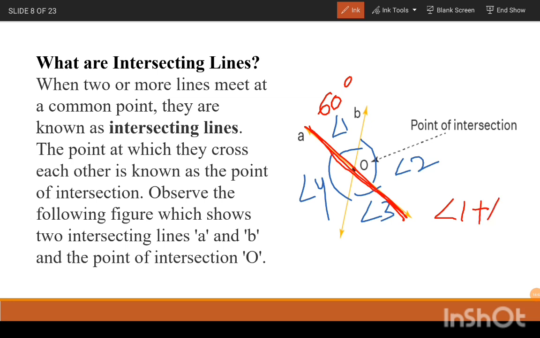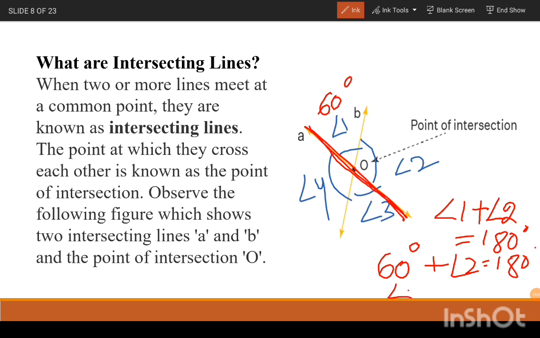Angle 1 is given as 60 degree, so 60 degree plus angle 2 is equal to 180 degree. When we transpose it, we get that angle 2 is equal to 120 degree.